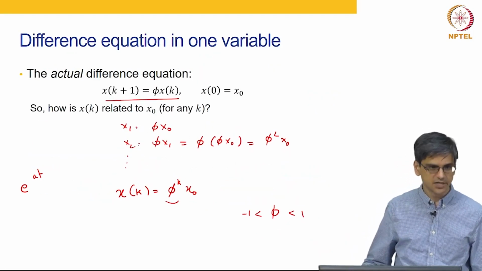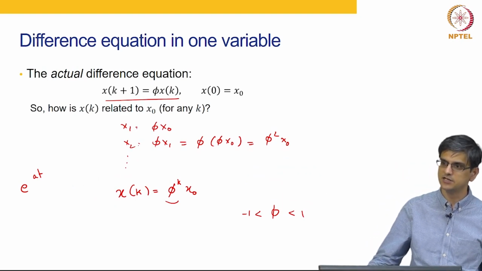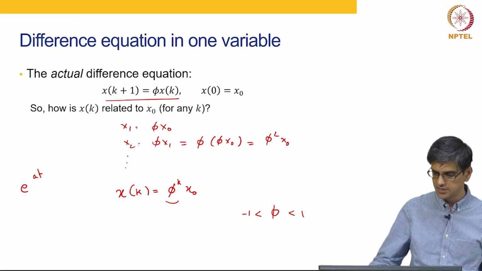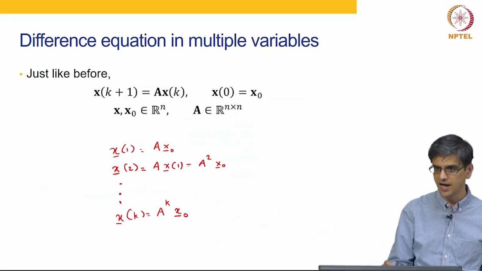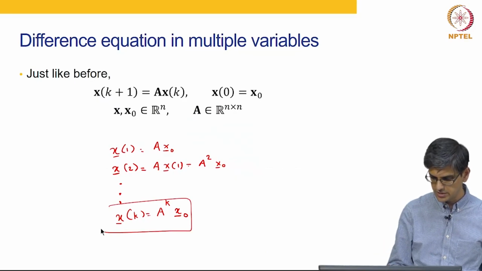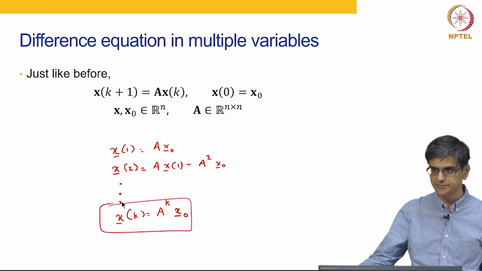Equivalently, the same system would be represented in terms of a difference equation, and the difference equation would look something like this, and this is how the evolution of x in the future will look like.